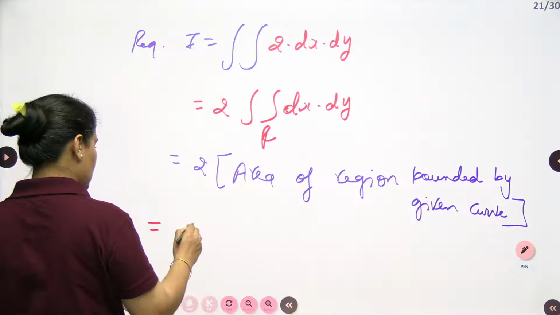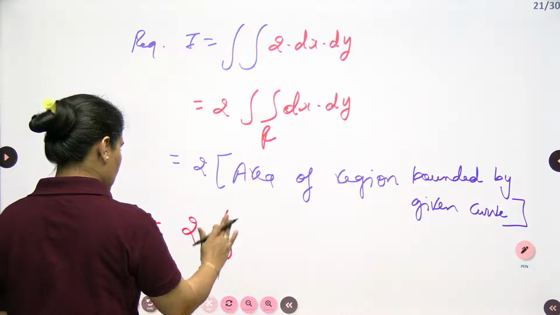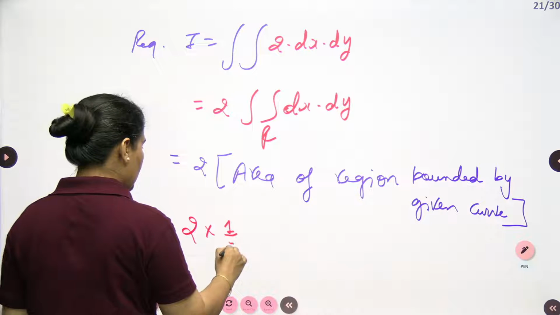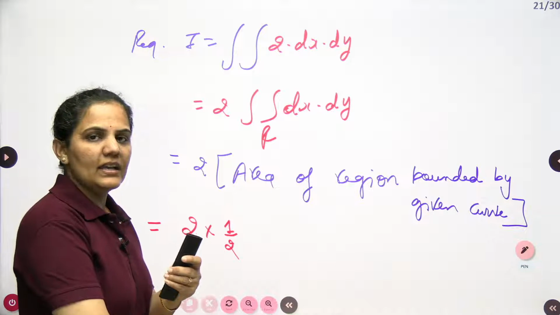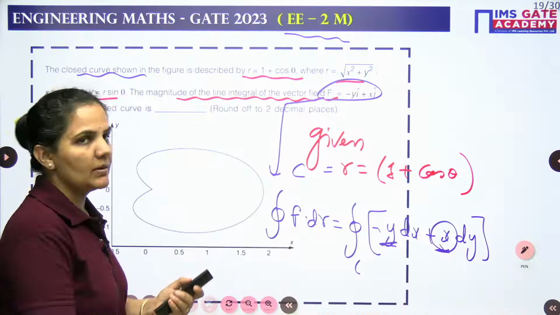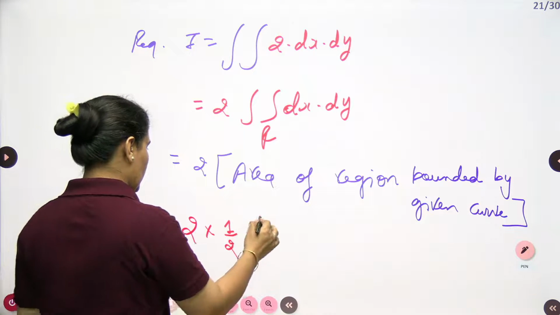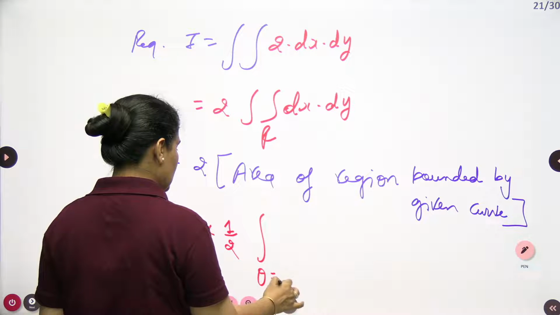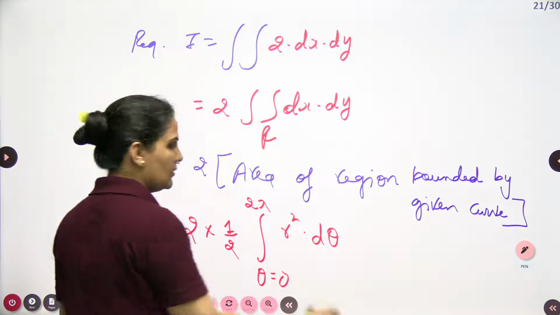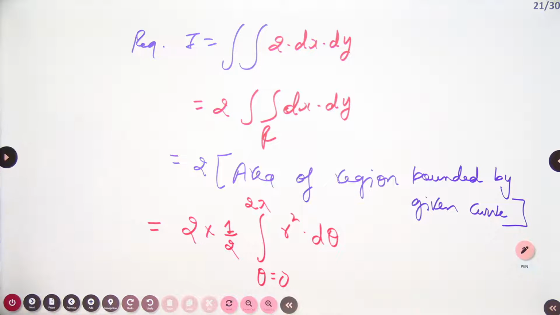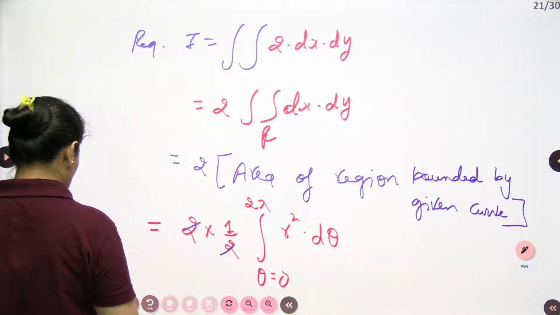So this is twice, and the area of a cardioid is 1 by 2 r square. If you want to use this directly, the area of the given cardioid is 1 by 2 r square, where theta lies between 0 to 2 pi, r square d theta. Here 2 and 1 by 2 will be gone.